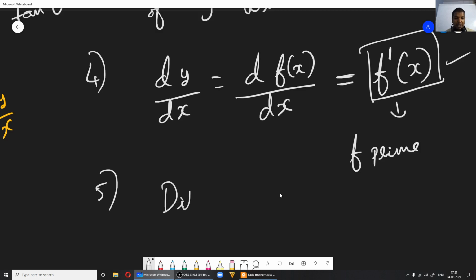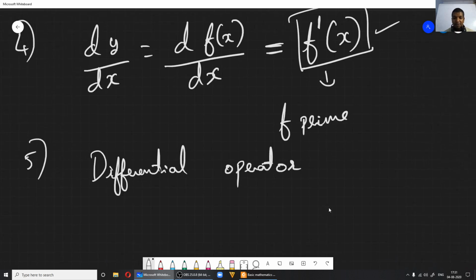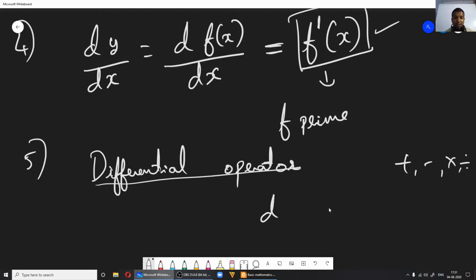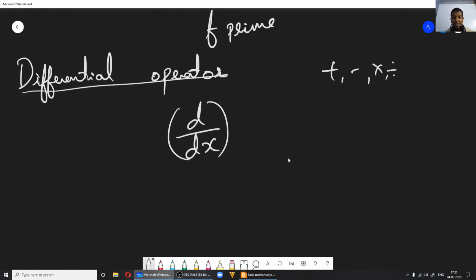also call it as the differential operator. You know mathematical operators like plus, minus, multiplication, division, modulus, all those things, right? Now differential operator will define it as d divided by dx. It feels like you multiply this d by dx with y, but actually it is not multiplication, you just have to take it that way.